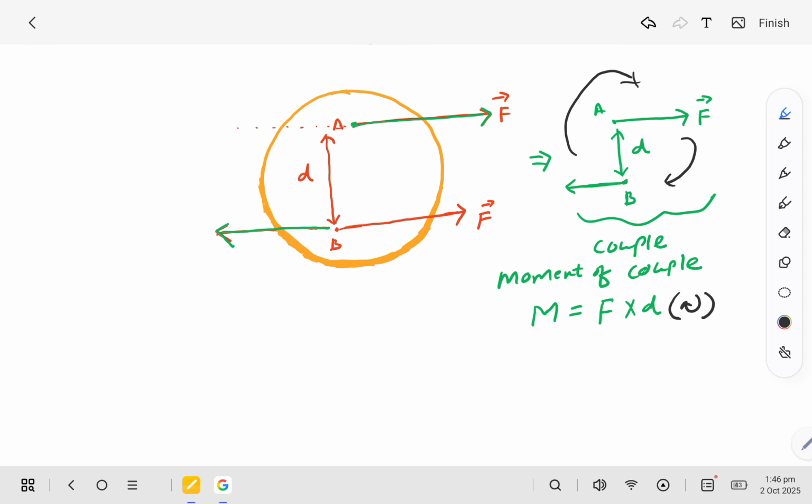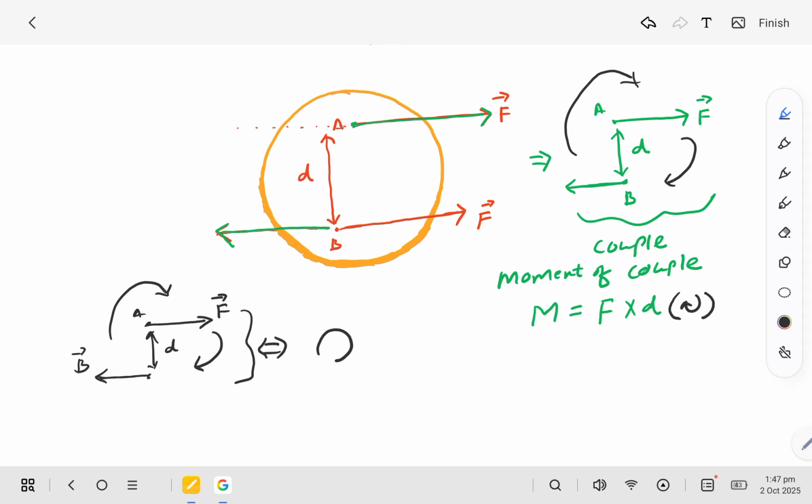And we can also represent this couple. The distance between the forces of the couple is D, so we can also represent it by its direction.